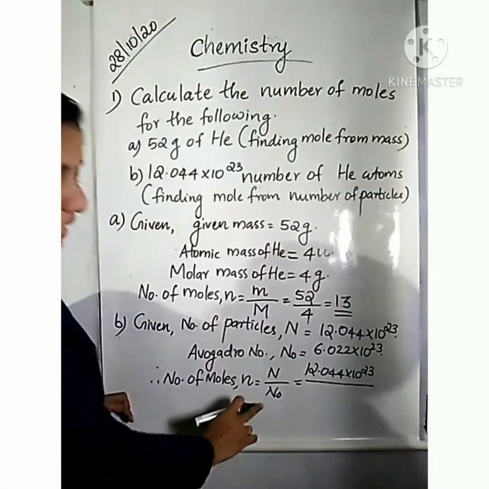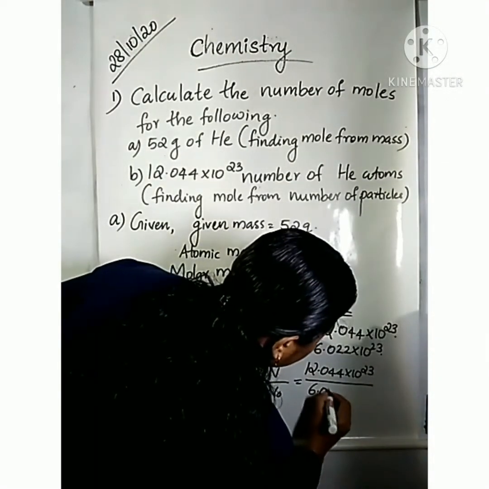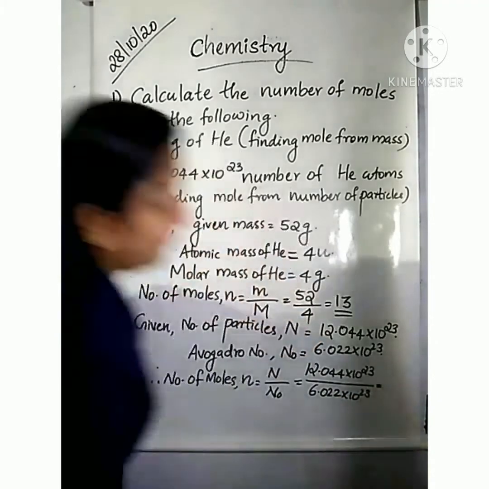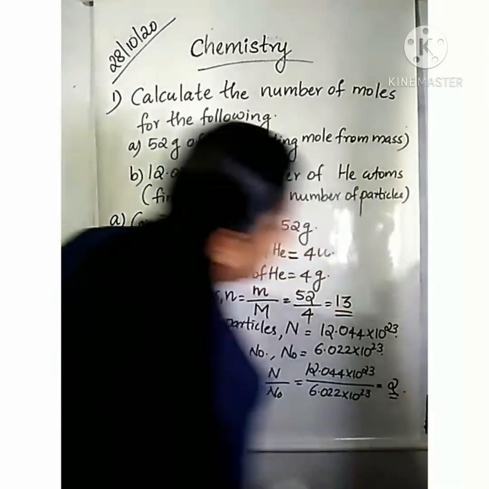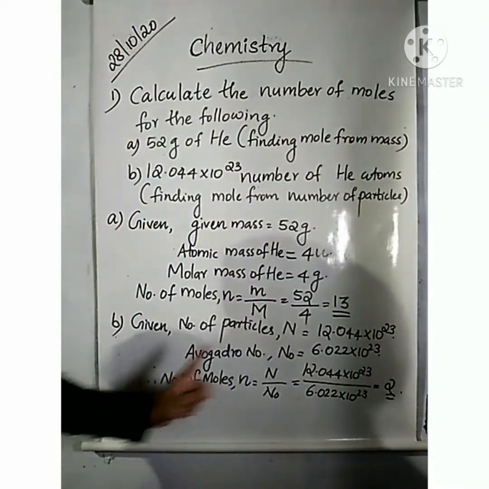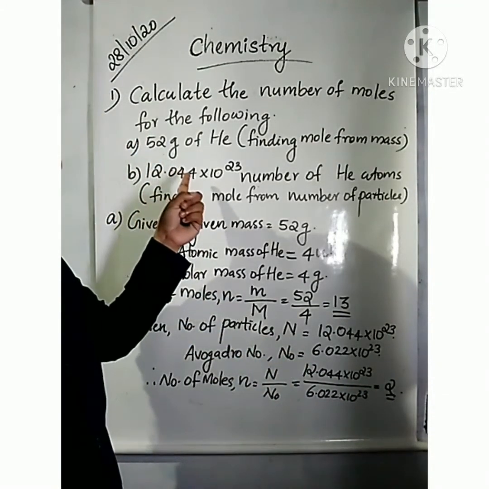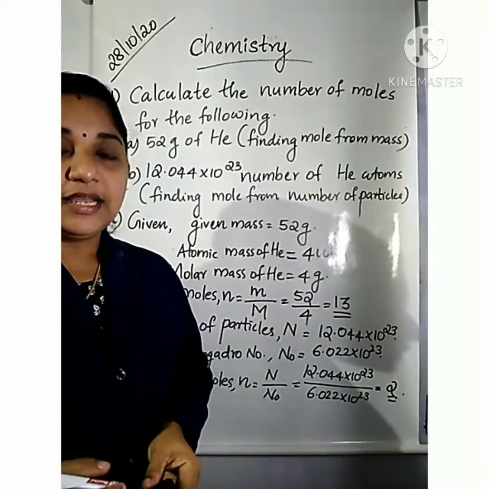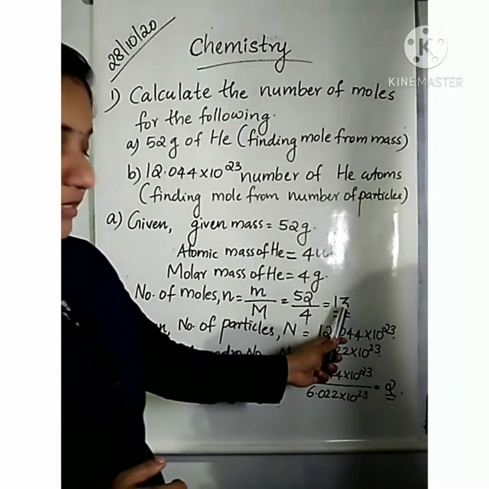Then N0, Avogadro number, equal to 6.022 into 10 raised to 23. Then the answer is 2. So 2 moles present in 12.044 into 10 raised to 23 helium atoms.